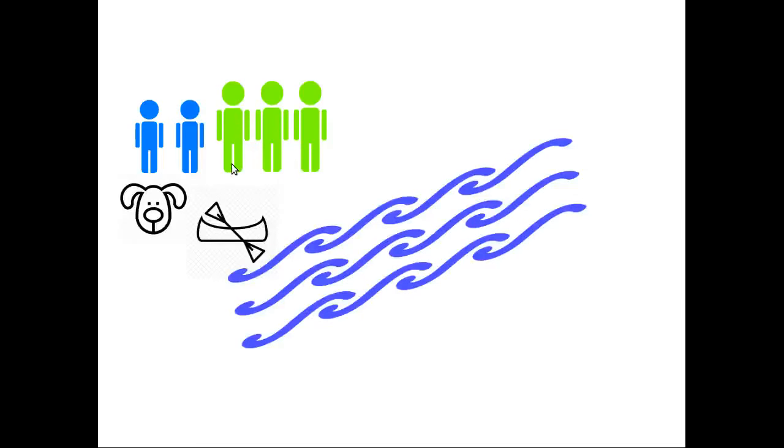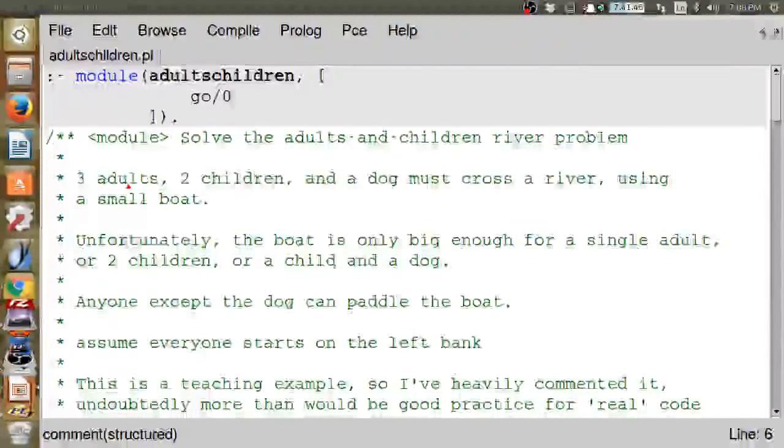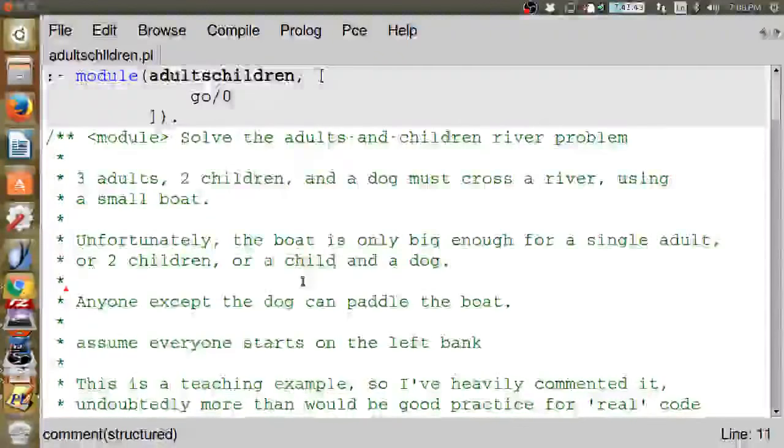The boat can take a single adult or 2 children or a child and a dog, or of course you could leave one space empty. And the problem then is, how can we get everyone across the river? So, fairly straightforward little problem.